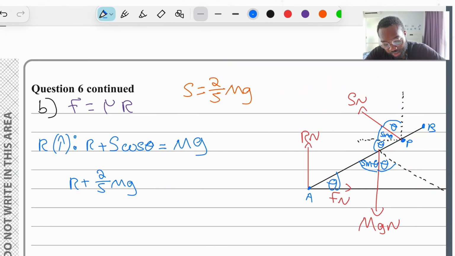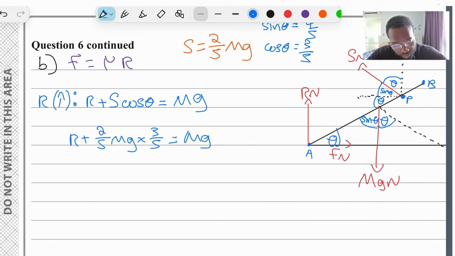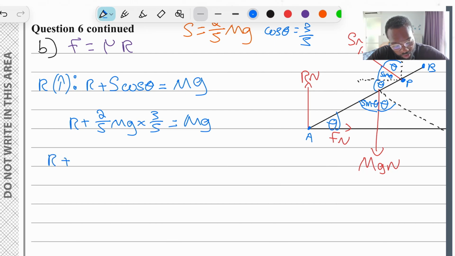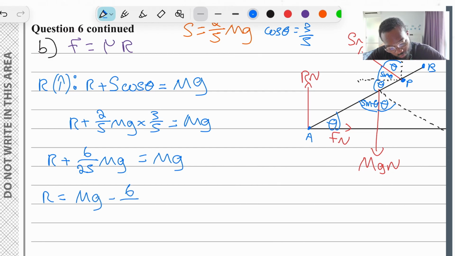So let me write that here: sine theta was 4 over 5 and cosine theta was 3 over 5. So we have R plus 2 over 5 mg times 3 over 5, that's cosine theta, and that must equal mg. If we work this out, we get R plus 6 over 25 mg equals mg. So if we bring the 6 over 25 mg to the other side, we get mg minus 6 over 25 mg, which is 25 over 25 mg minus 6 over 25 mg.